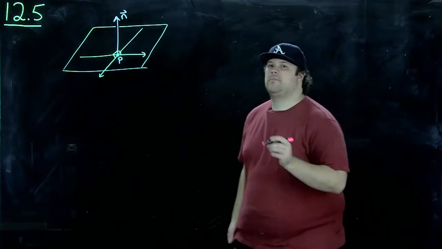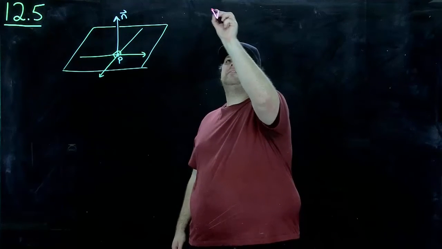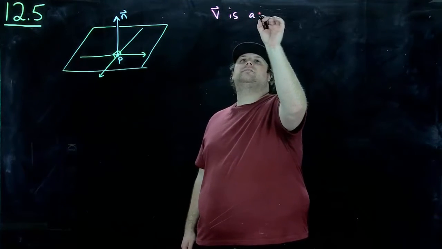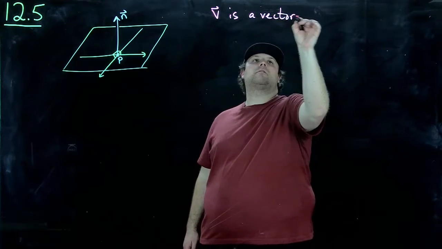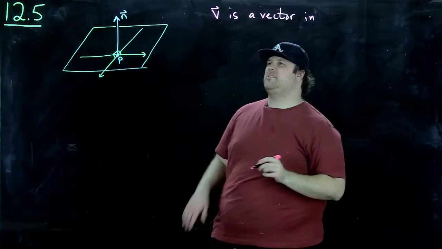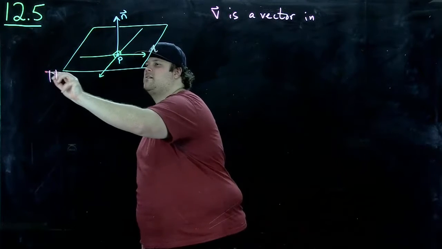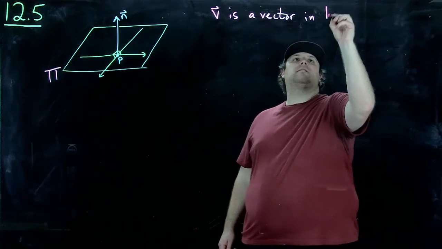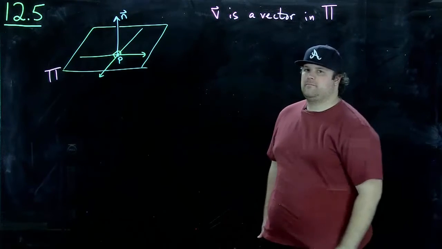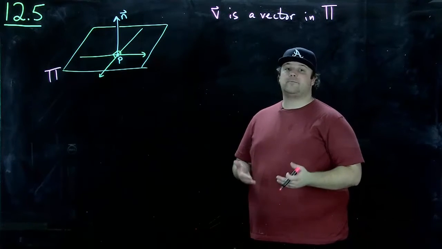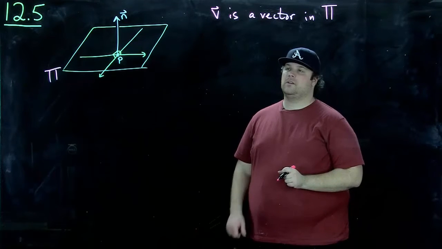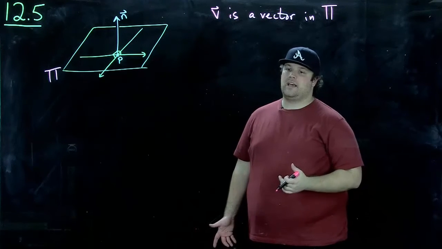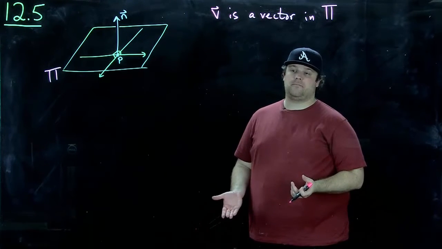So think of it like this. If v is a vector in, let's give this plane a name, let's call it capital pi. So if v is a vector in pi, in the plane, how does it relate to n? Well, how do you check if two vectors are perpendicular?